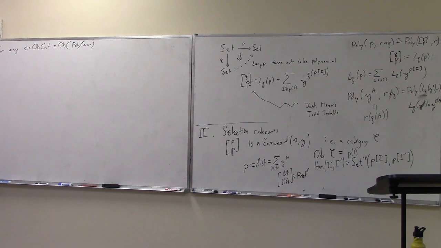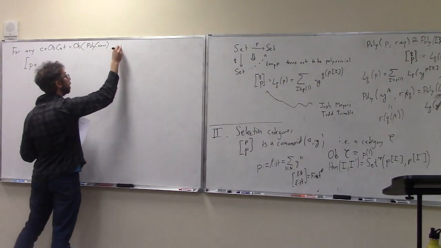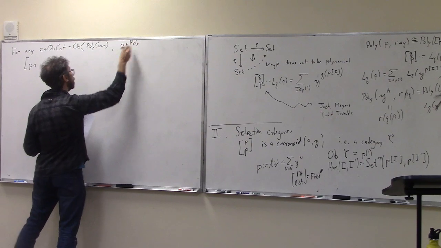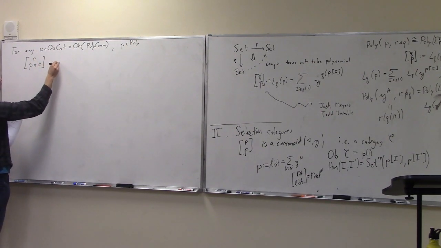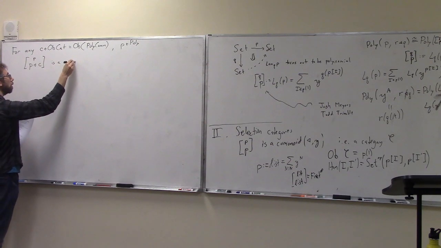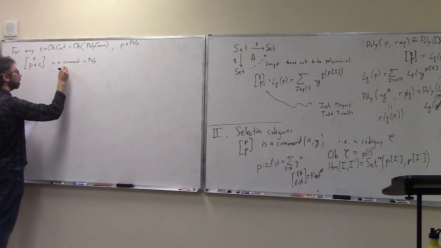They have different morphisms, but they have the same objects. And for any polynomial P in Poly, it turns out that P compose C P is a comonad.